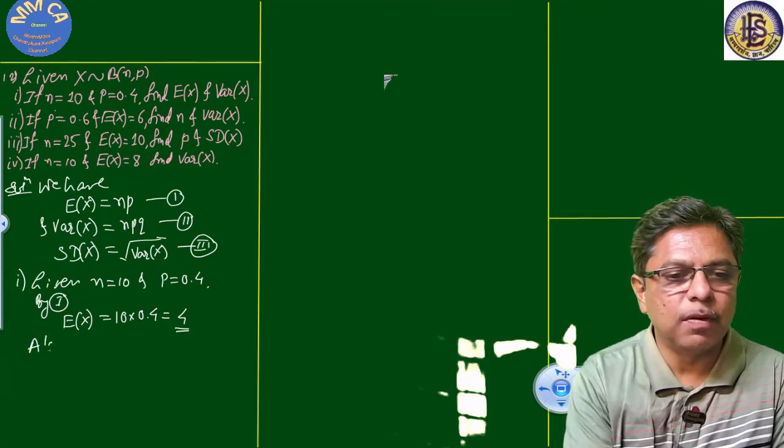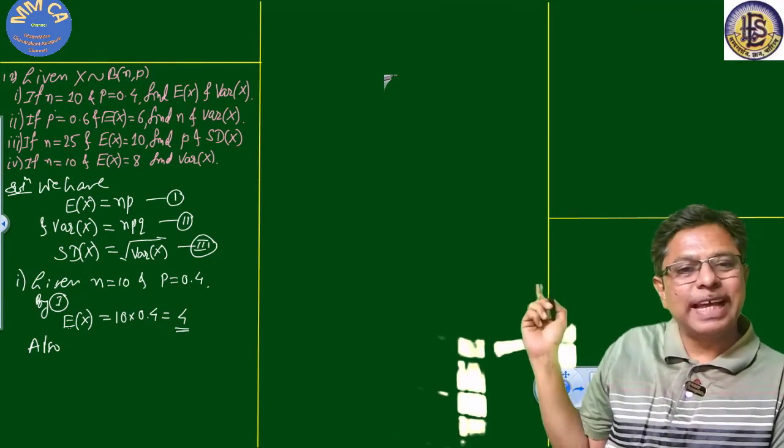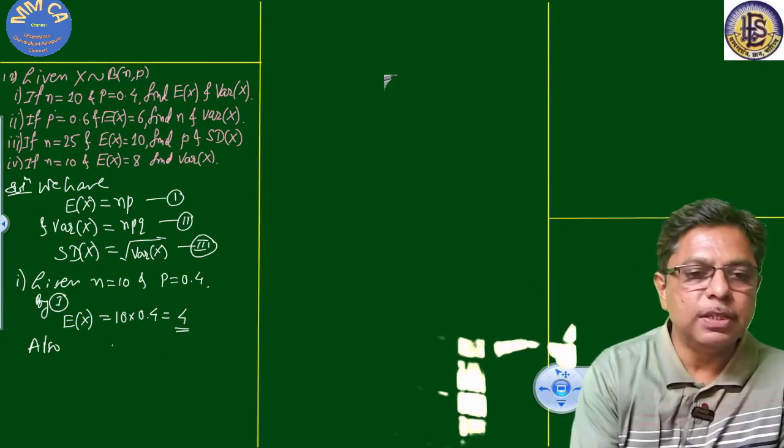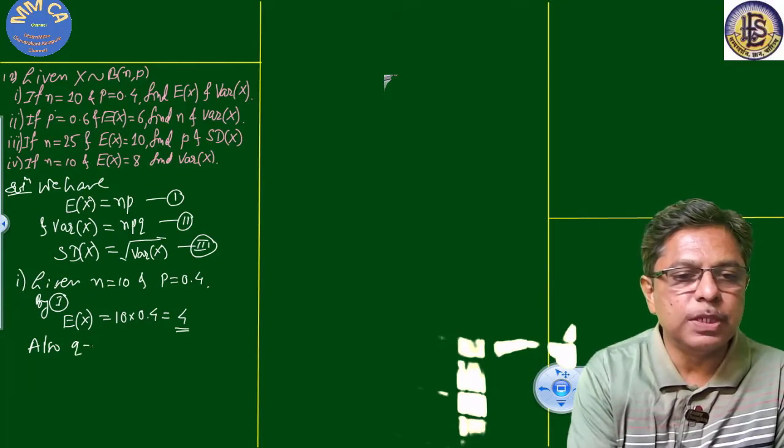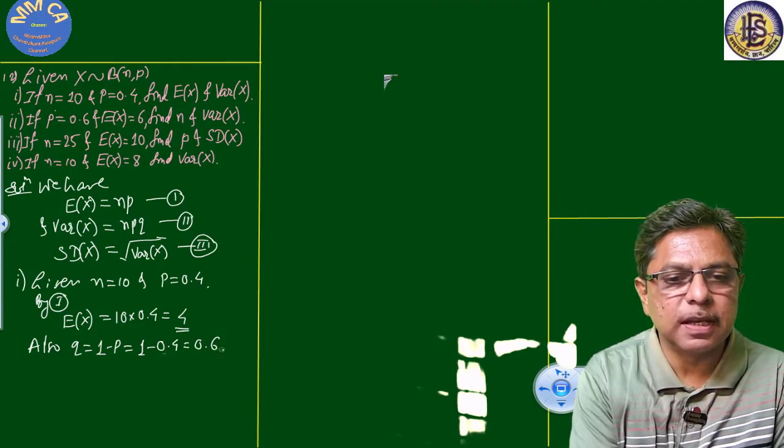Also, we are asked to find variance of x, and variance of x is npq. So we have to find the value of q. q is equal to 1 minus p, that is 1 minus 0.4, and so this is 0.6.